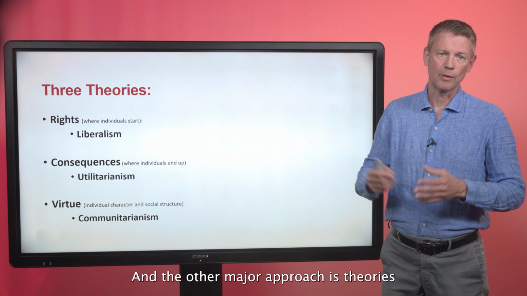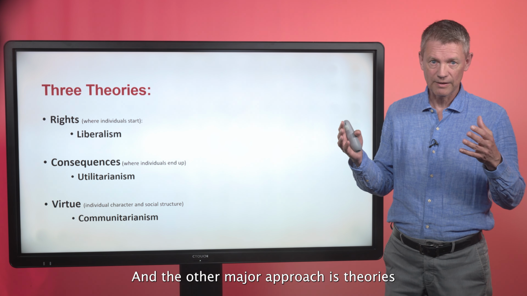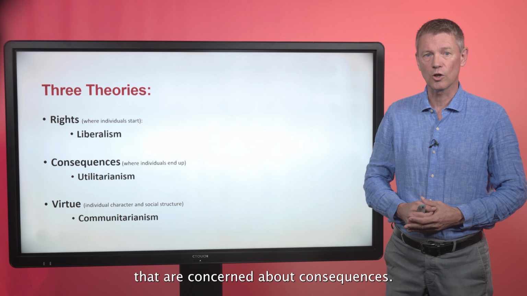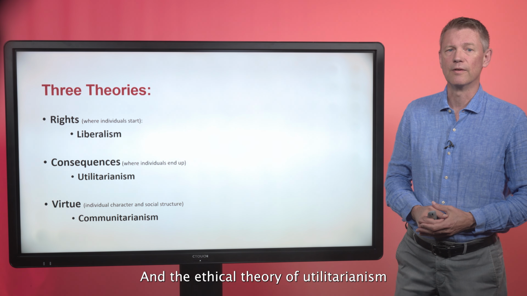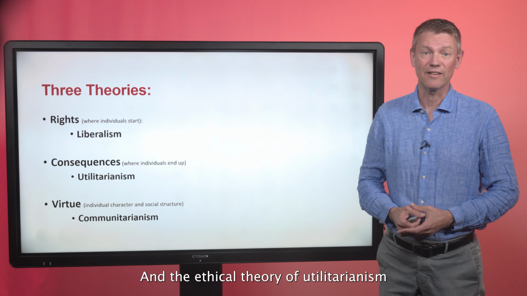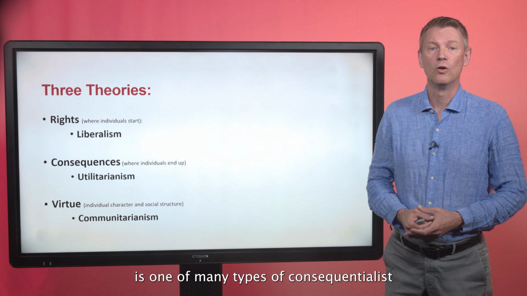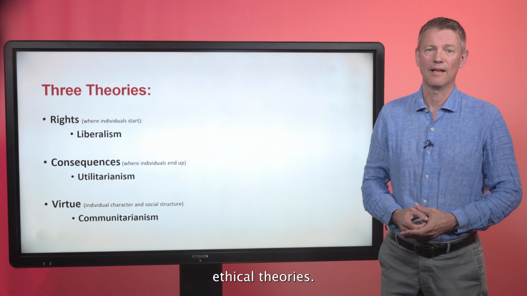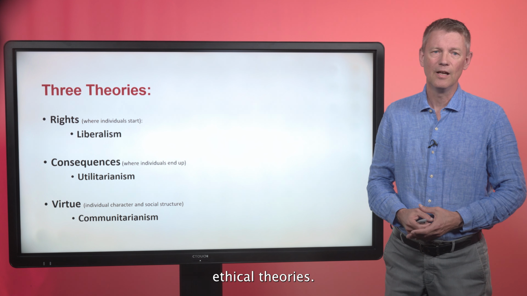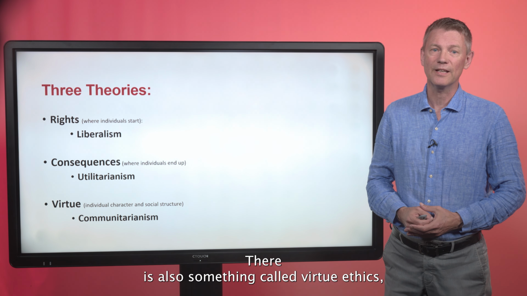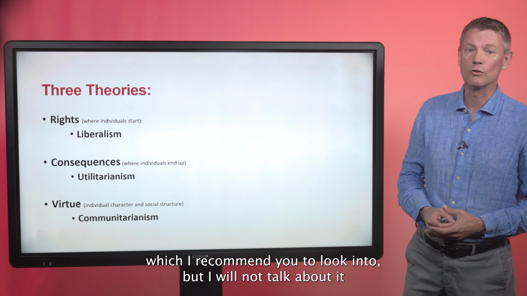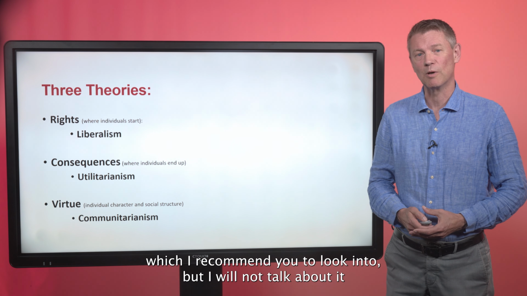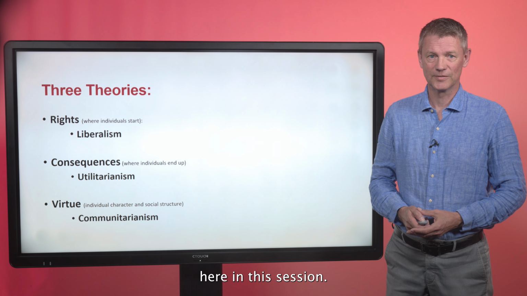And the other major approach is theories that are concerned about consequences. And the ethical theory of utilitarianism is one of many types of consequentialist ethical theories. There is also something called virtue ethics, which I recommend you to look into, but I will not talk about it here in this session.